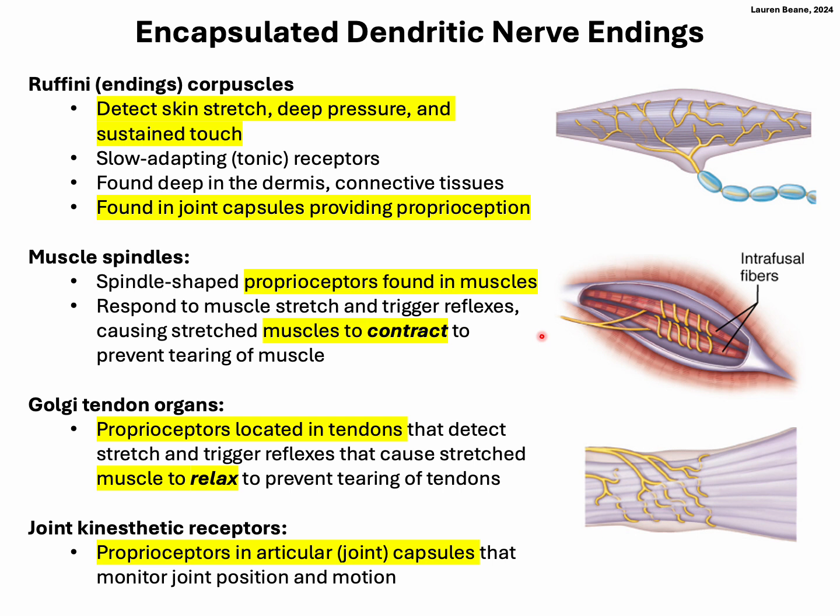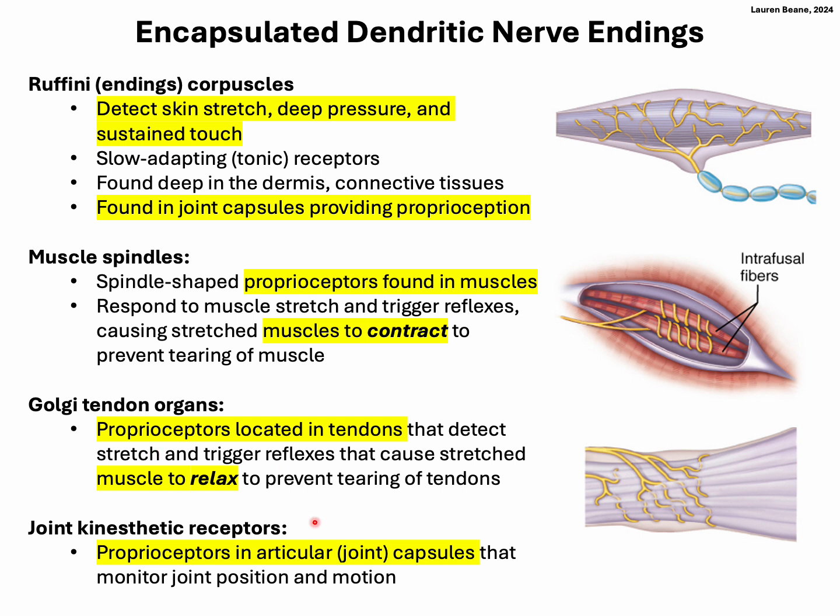Is it ready to go? Or does it need some more activation? It also has a protective function, so it can trigger a reflex, causing an excessively stretched muscle to contract and prevent tearing of that muscle. So when we think of a knee jerk reflex, that is activated by the muscle spindle.